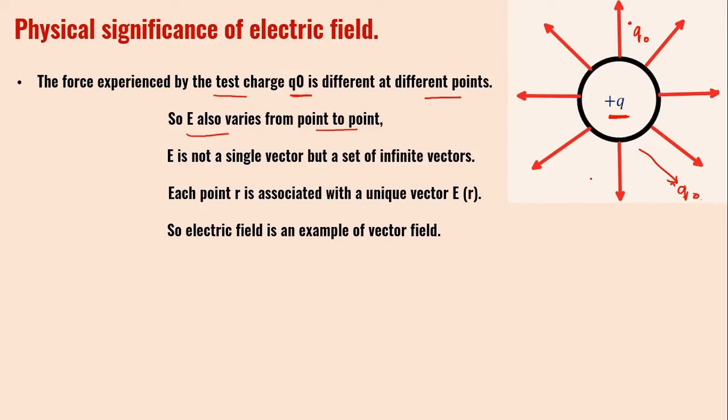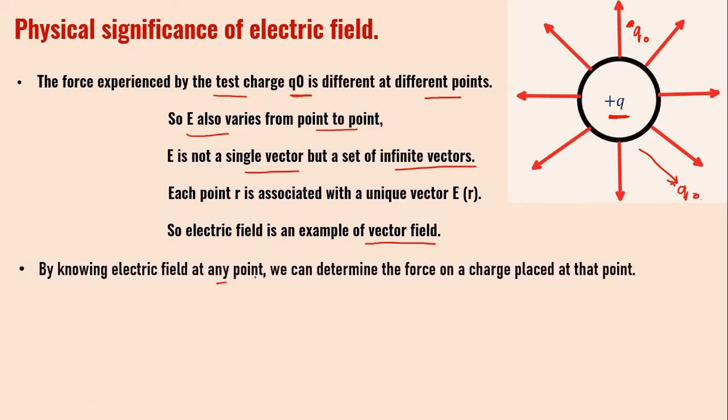That is the important factor. So we can say that E is not a single vector but a set of infinite vectors. Many vector directions are associated with the electric field. In a particular situation, it has a particular direction, but as a whole we can have all the possible directions. So electric field is an example of a vector field.